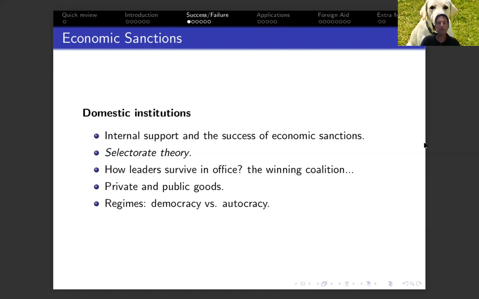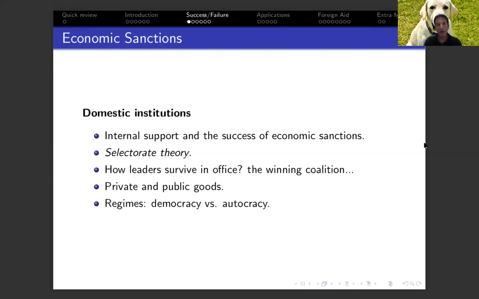A public good for the American population is national security. It doesn't matter if I'm a citizen of the United States. It doesn't matter if I vote for the president or I don't vote for the president or I vote for the opposition. I will still get the same amount of national security as my friend who will vote for the president.